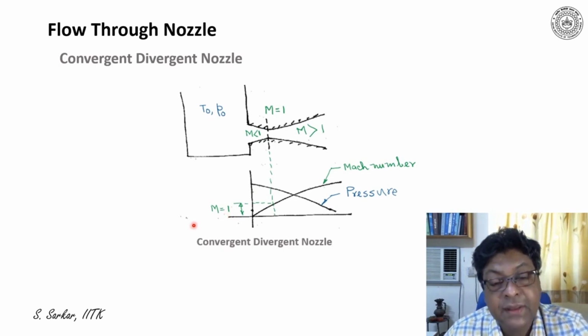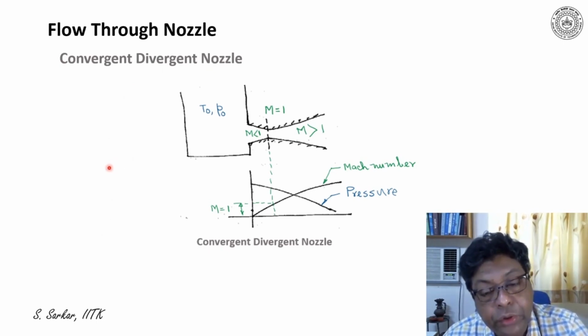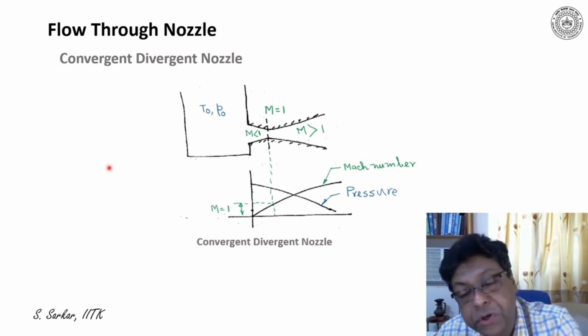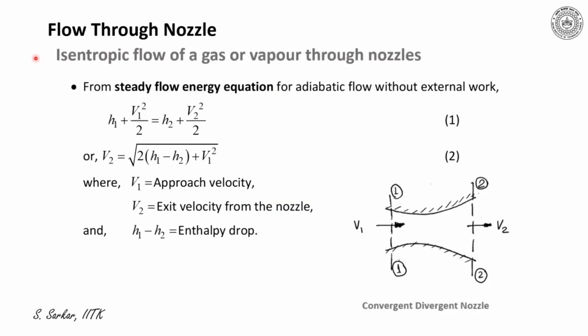So thus, what I told earlier, that to get a supersonic stream, you will have to have a convergent divergent section. So far I have discussed isentropic flow of a perfect gas through nozzles. Now I'd like to discuss flow of a gas which is not perfect, or vapor, through a nozzle.